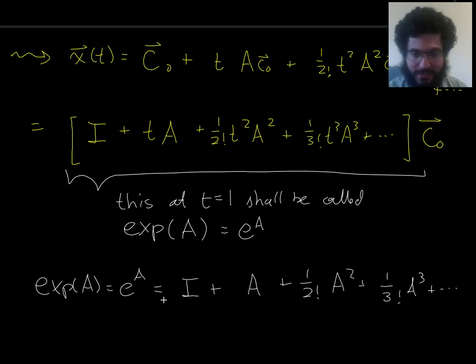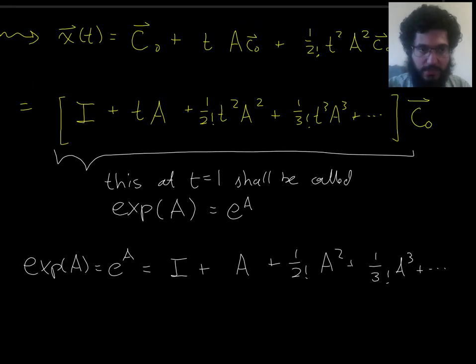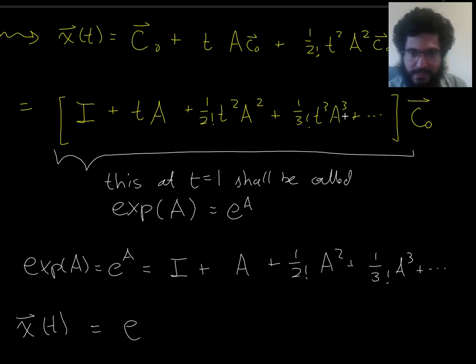Just like the exponential of a number, if A were a 1 by 1 matrix, then this would literally be the magic number e taken to the power of that number. But now we're allowing A to be a matrix. And I hope you're seeing why this is useful. It's giving us a solution to that differential equation. Let's be clear about exactly what the solution is here. So this is our solution. It's e to the, and then what's this?